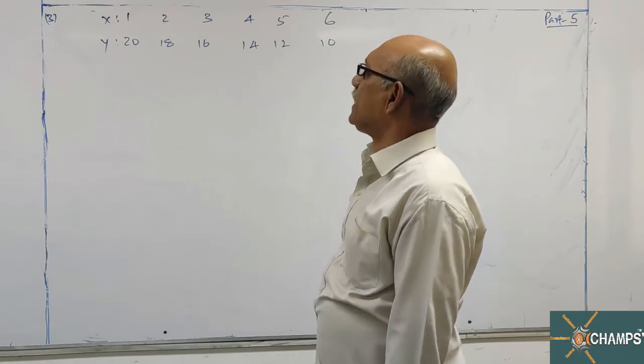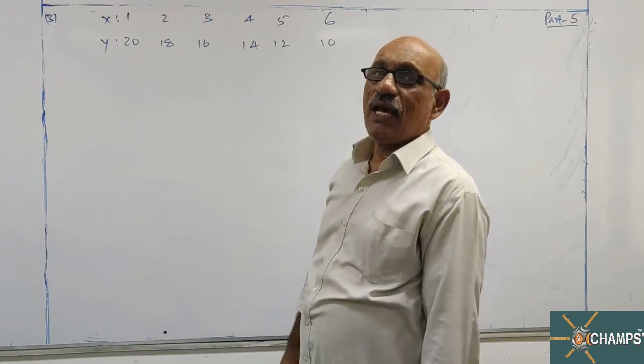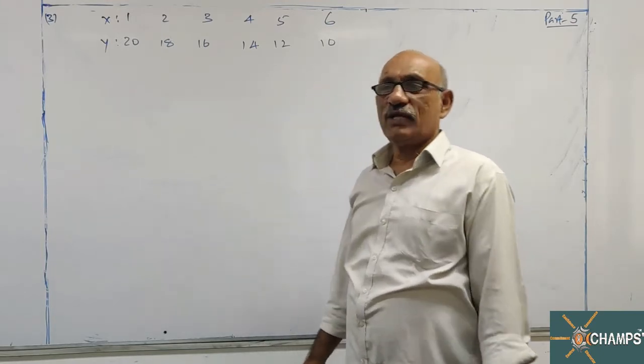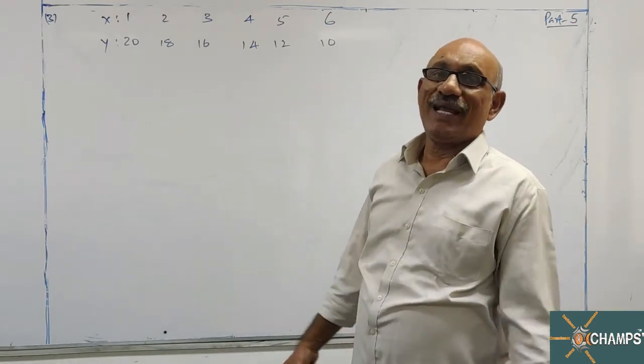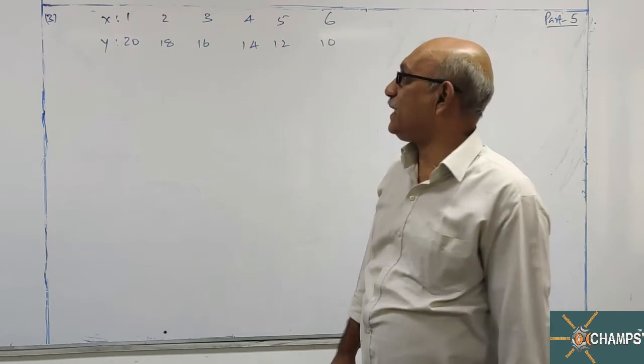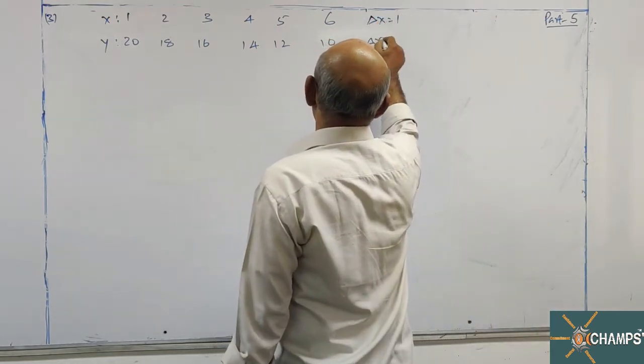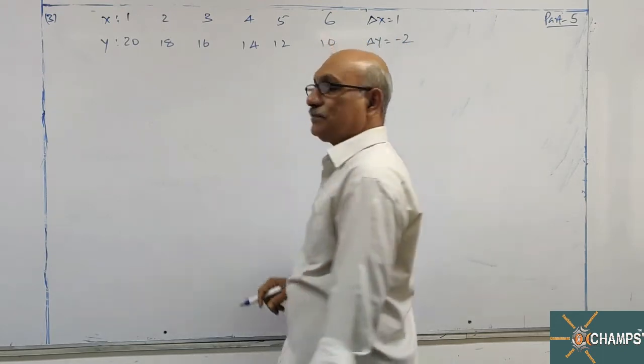X values are increasing, y values are decreasing. Nature of the relationship is negative, but the extent of the relation I have to calculate. Now look at this. Delta x is equal to 1, delta y is equal to minus 2.